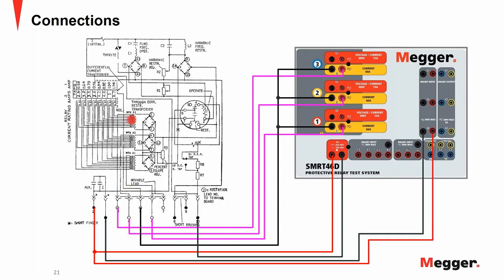Again, I do not have a 3 winding transformer, but if you have a 3 winding relay, you can use this third channel that's in the SMRT unit, and you can still use the first 2 for your winding 1, winding 2. A battery simulator from the top is going to come down and connect to give us power for the relay and for the trips. And then also we have our binary input, which I have selected 1. You can use any one of the 10 binary inputs that are available on the unit itself.